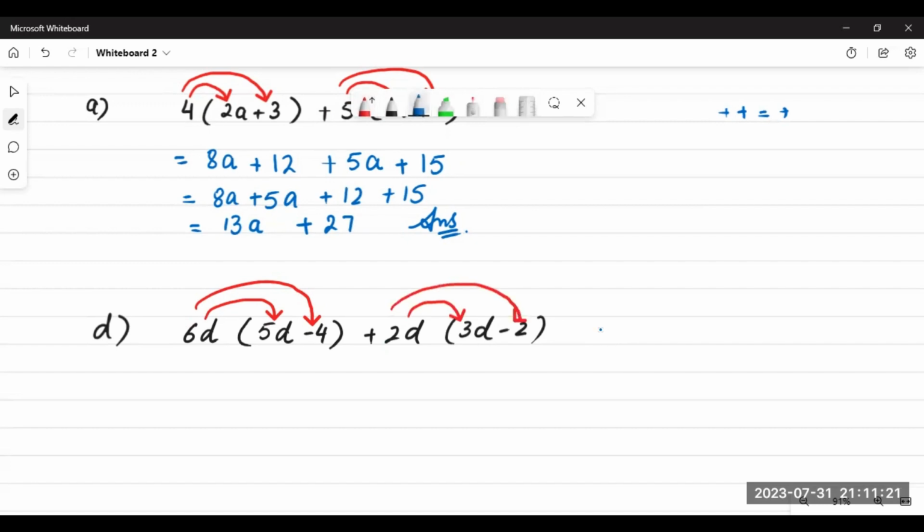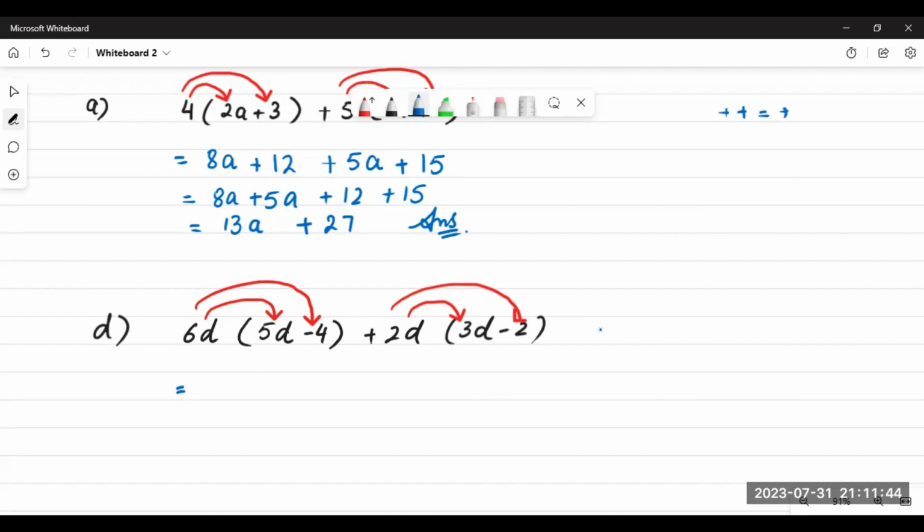Let's start. This question is a little bit different from the previous one. You have done your question number 2, where you multiplied the variables. So here 6D and 5D, they both are multiplied. They both have the variable D over here. So how are we multiplying when we have the same variable? Multiply the coefficient.